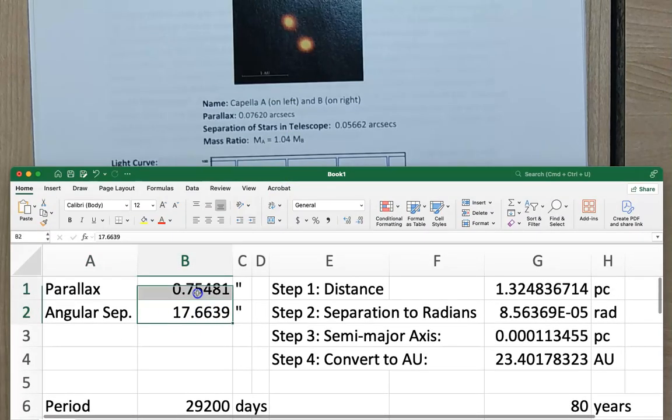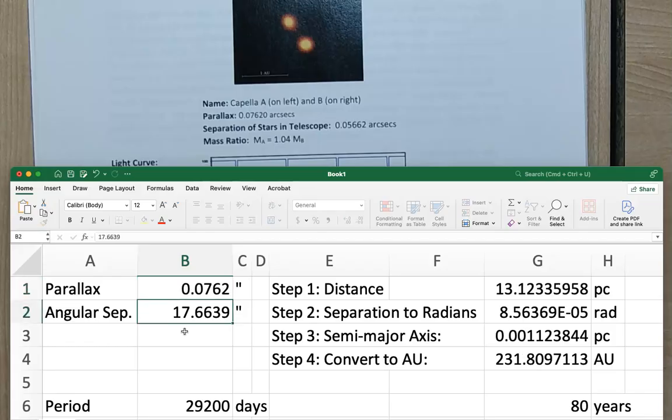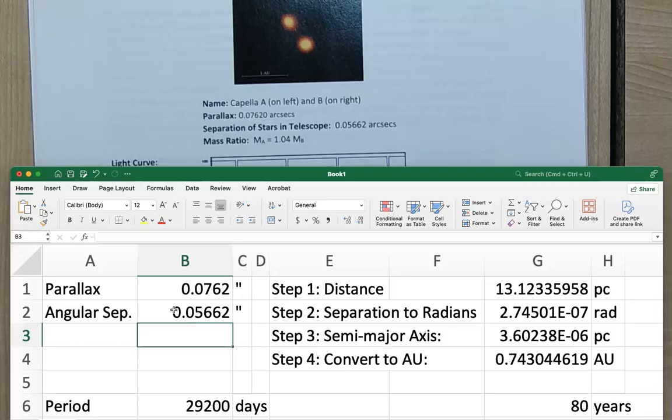So Capella A and B have a parallax of 0.07602 arc seconds. So they're 13 parsecs away, and the two stars are 0.05662 arc seconds apart on the sky.